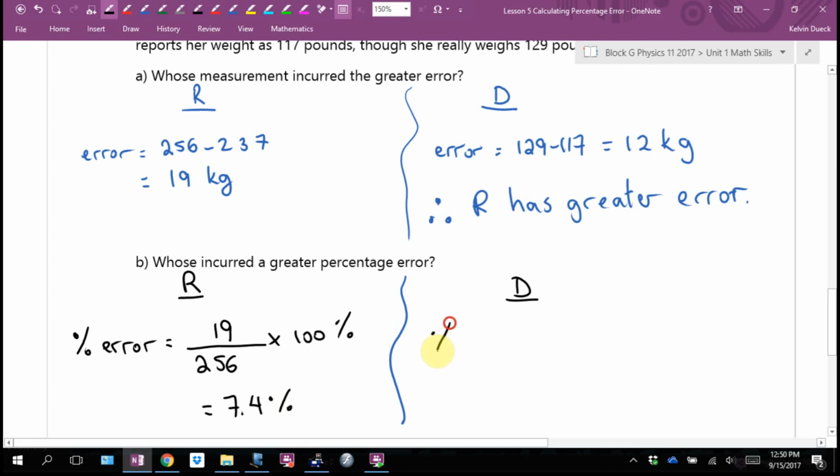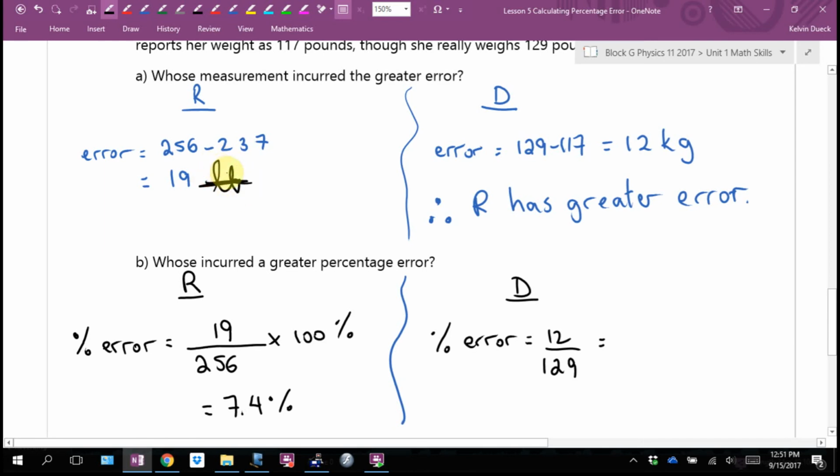Let's compare Dagmar's, which is going to be 12 divided by, what was her actual value? 129? Oh, you know what? I wrote kilograms. It's pounds, isn't it? Abbreviation for pounds is LBS. You know what?